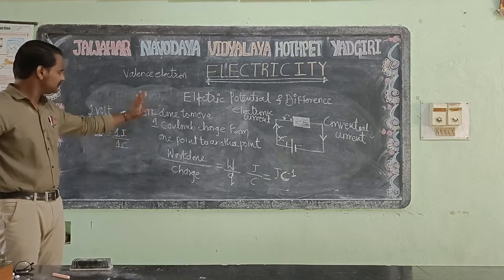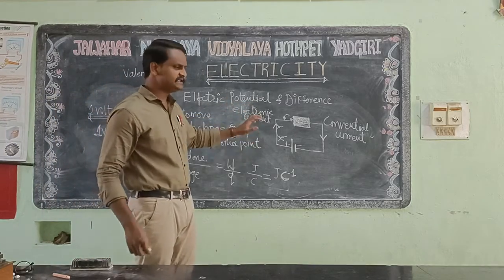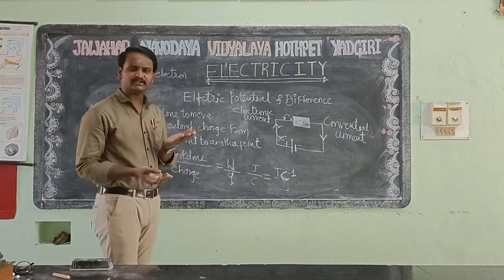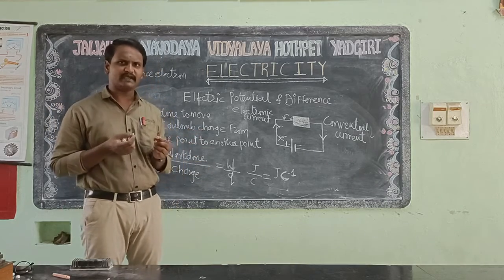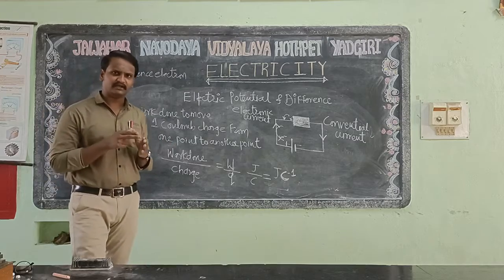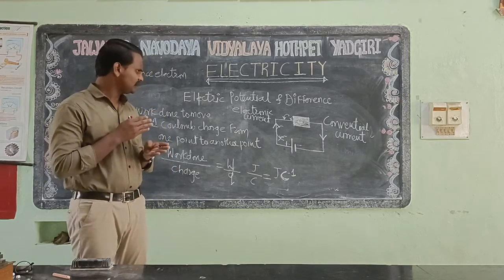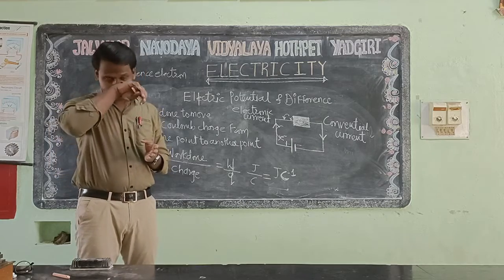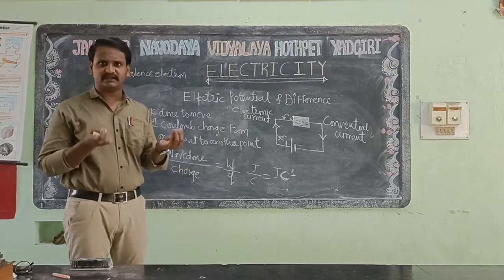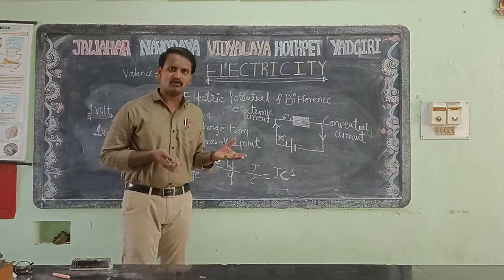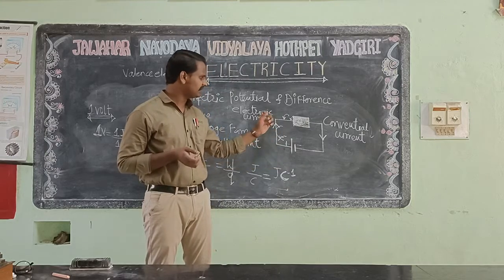Okay, here is about electric potential and potential difference. Potential difference means we are creating a difference. We are applying a high potential and a low potential to a wire by using a battery. In a battery, due to the electrodes, some chemical processes occur, and due to the chemical reaction, one side becomes a positive terminal and the other a negative terminal, and there is a flow of electrons from negative to positive, called electronic current.